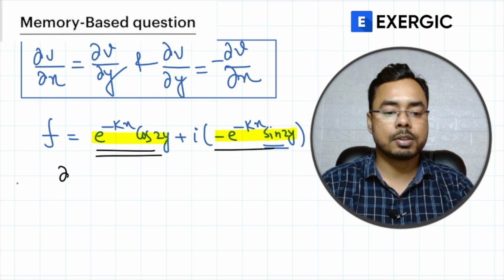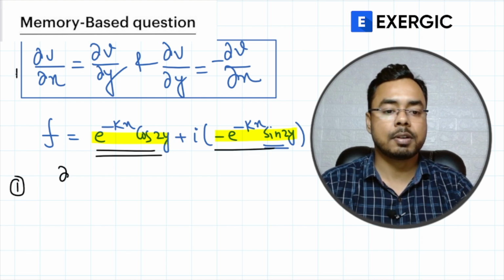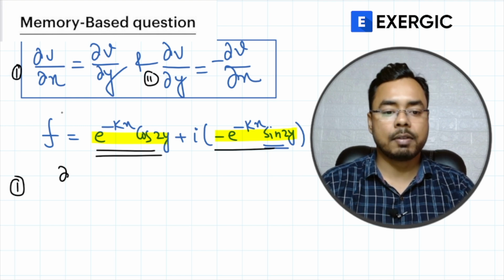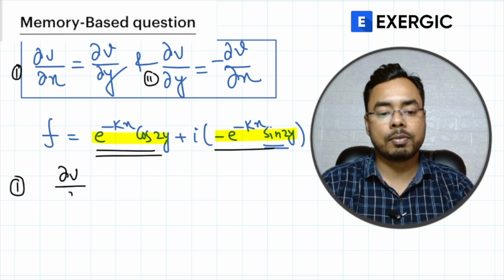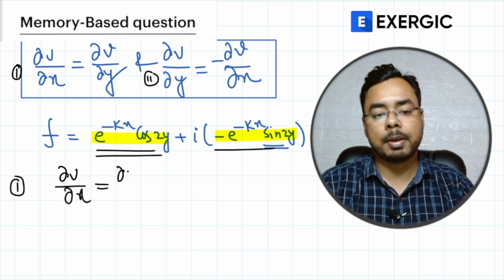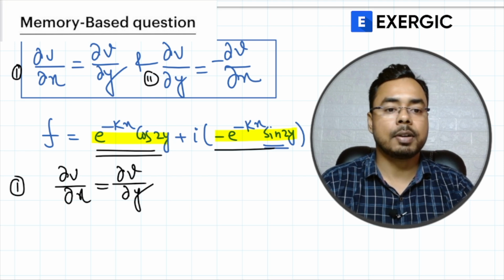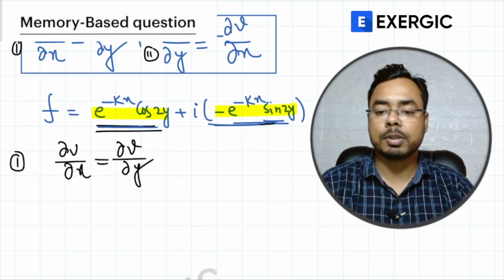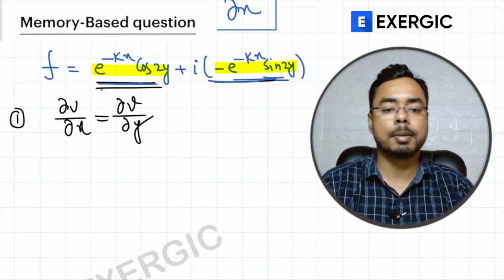Now here, if I use the first equation, let me call this the first CR equation, and this one the second. So if I use the first equation, then the partial derivative of u with respect to x will be equal to the partial derivative of v with respect to y. Remember, the first function is u, and this is our v, right? U is the real part of the complex function and v is the imaginary part.